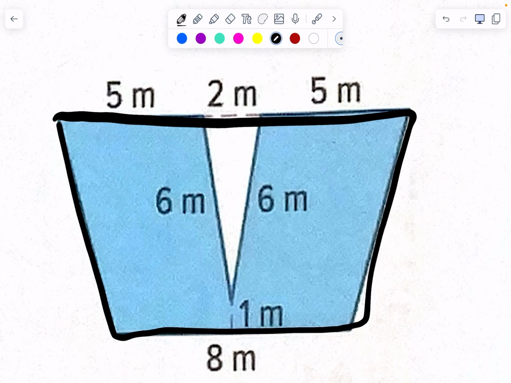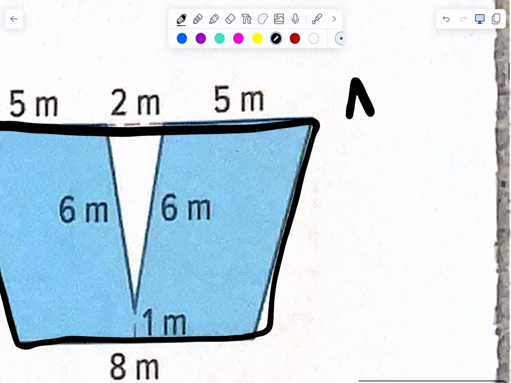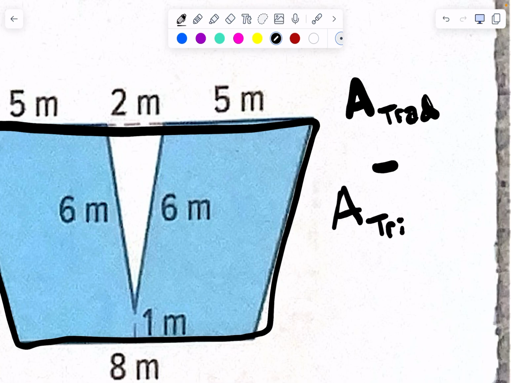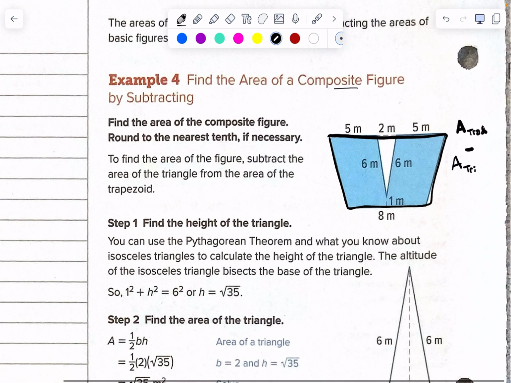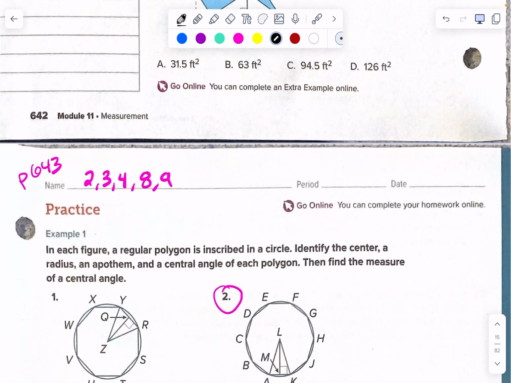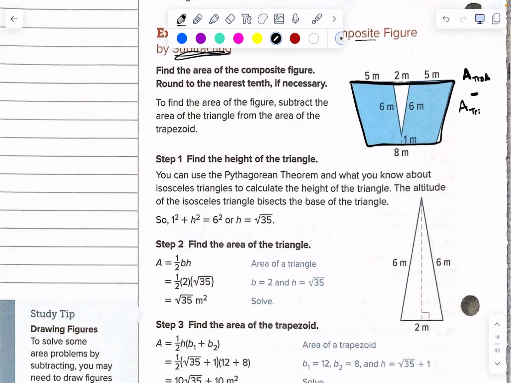So we would find the area of the trapezoid minus the area of the triangle, true? And we would do that and figure that out. So just so you know, composite figures can also be subtracting pieces. Okay? Good.